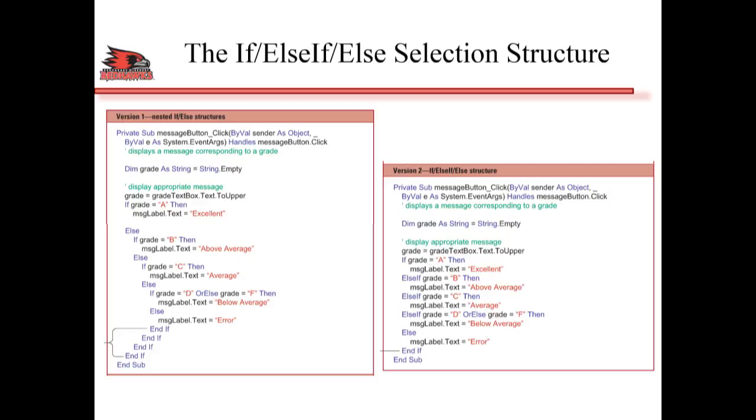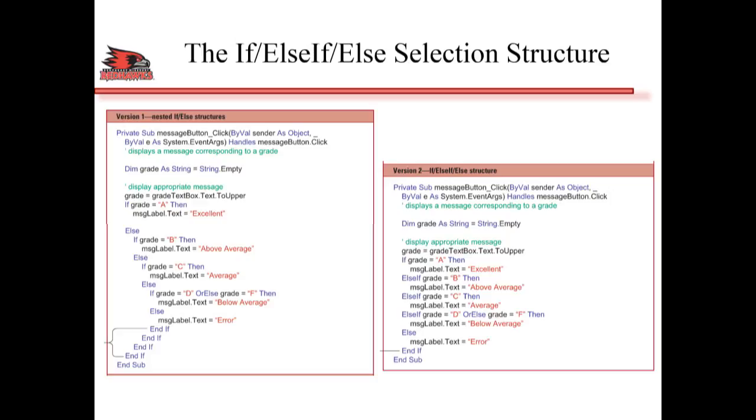So if your grade is A, then you display excellent. Or else, if your grade is B, then display above average. And if not, then C, average.